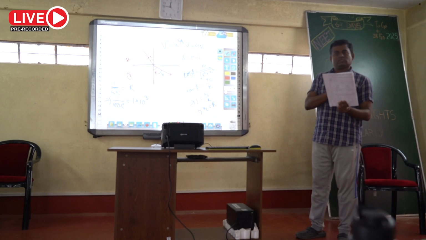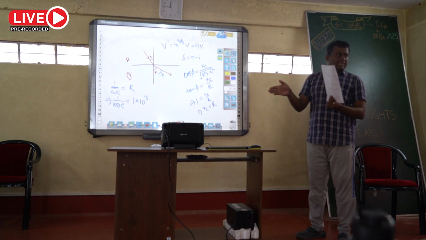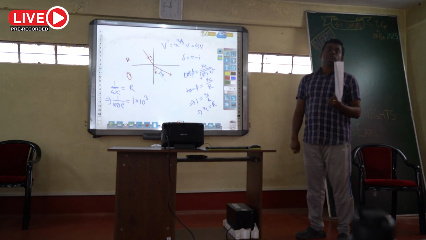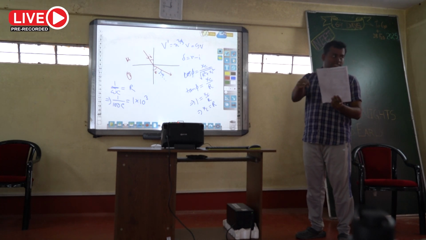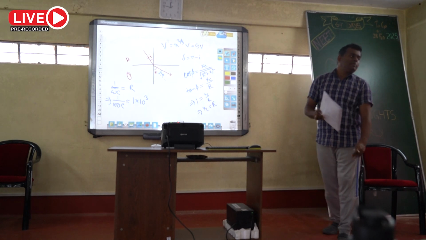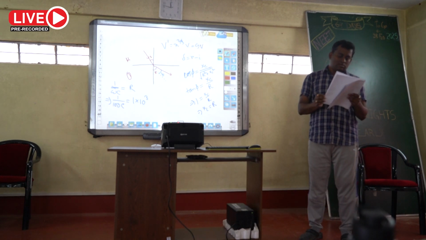So the number of field lines going inside through it will decrease, so it will try to increase that. It will send more field lines inside, so the current direction will be clockwise. So option 2 is correct.